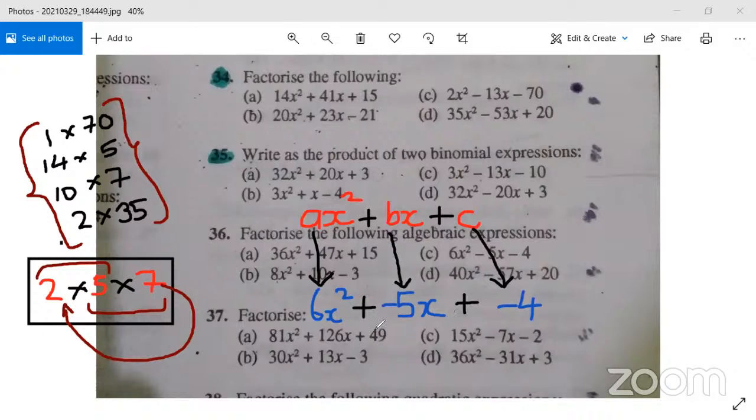Now, for the AC method, all we really need, honestly speaking, is the A and the C. So really, we don't even need the sign itself. We just need the 6 and the 4. That is really all we need.